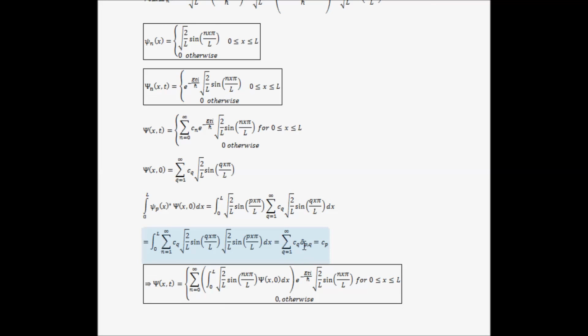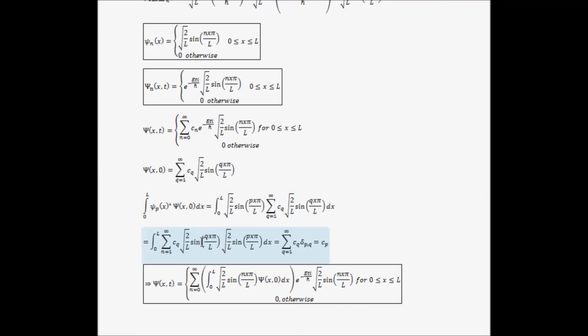So this is going to be equal to 1. So q has got to be equal to p. So we've just got the p term, so that's equal to Cp. And we can just do an arbitrary change of variable to get Cn. We can just say n equals p, or something like that. Basically, we've worked out what Cp is in terms of the initial wave function, big psi of x, comma 0.